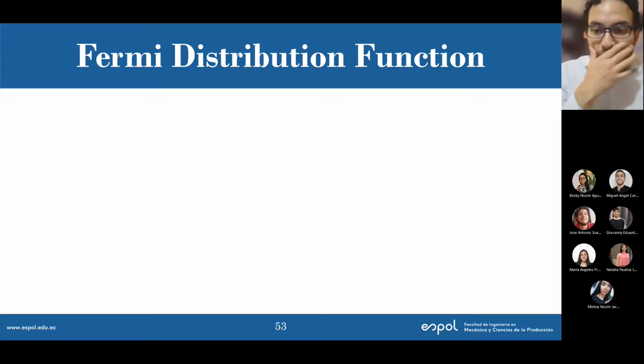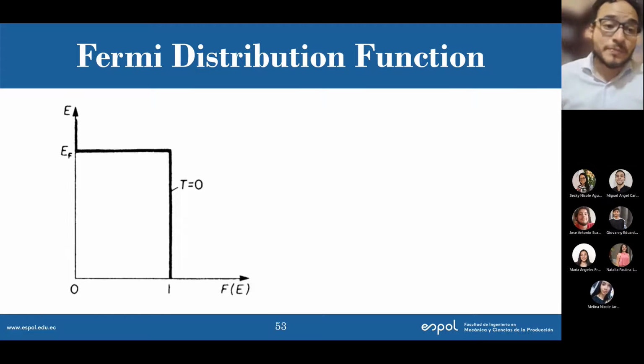Well, the Fermi function, if we plot the energy versus the probability, so versus the Fermi function, we will get something like this, right? This is one option. Do you think this makes sense, guys?